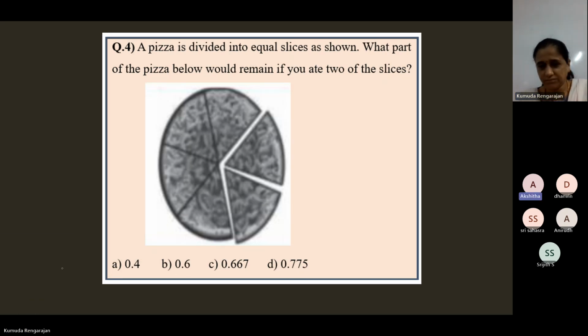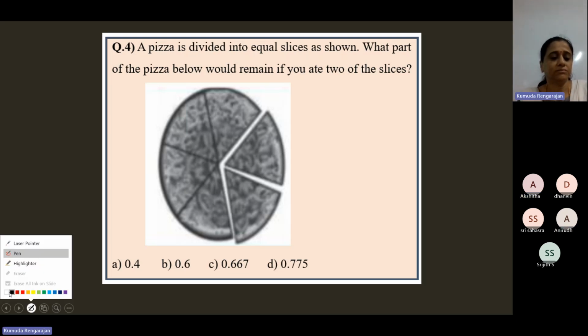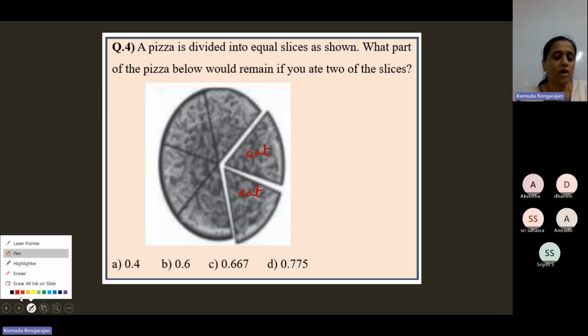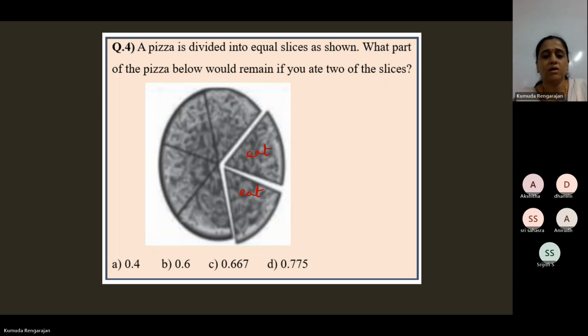Ma'am, I think it's option A. Option A. Okay, me too. Okay, so you eat this and this. So how many slices are there? 1, 2, 3, 4, 5, 6 pieces. 2 by 6 you eat.